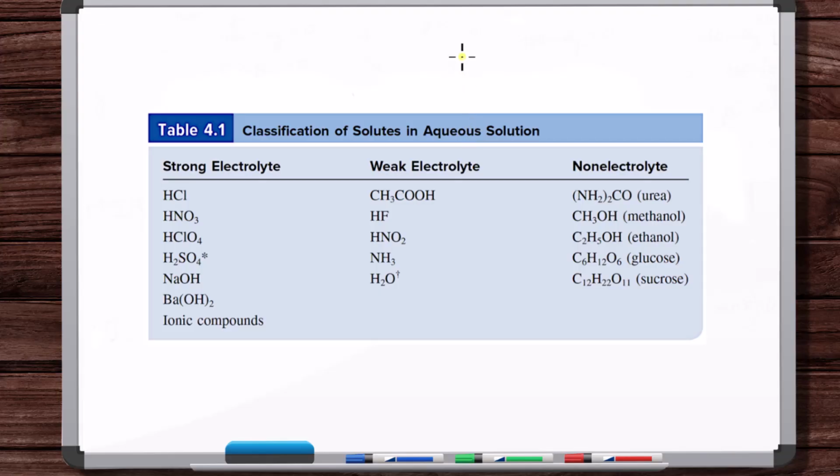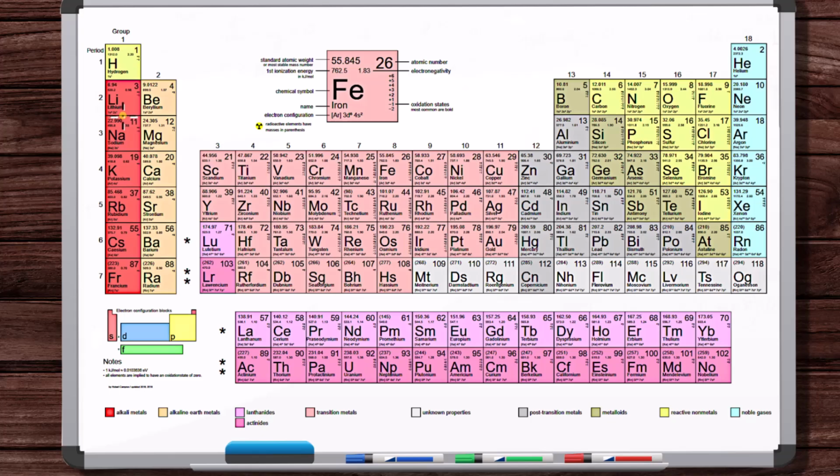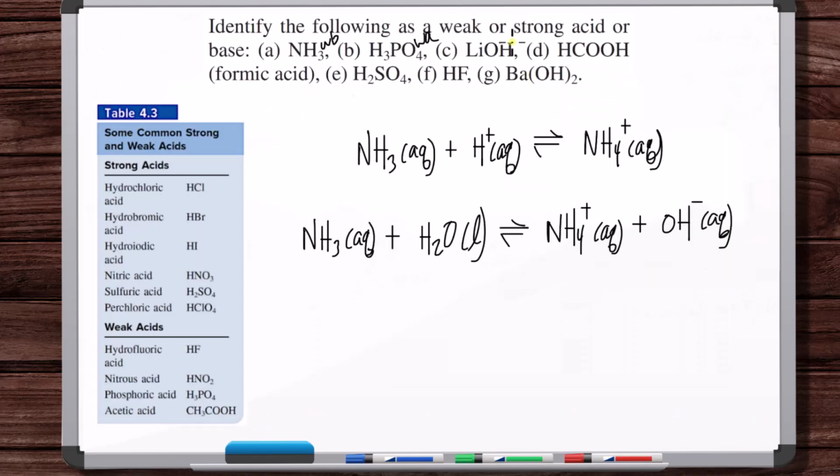If it's not, well then it can't be any kind of a base because it's not going to yield any OH minus ions in solution, right? But if it is soluble, well then it's going to be a strong base. So if we come to the solubility rules for ionic compounds, we've got all hydroxides are insoluble, with the soluble exceptions involving Ba2 plus and any alkali metal. So lithium is an alkali metal. So this is a strong base.